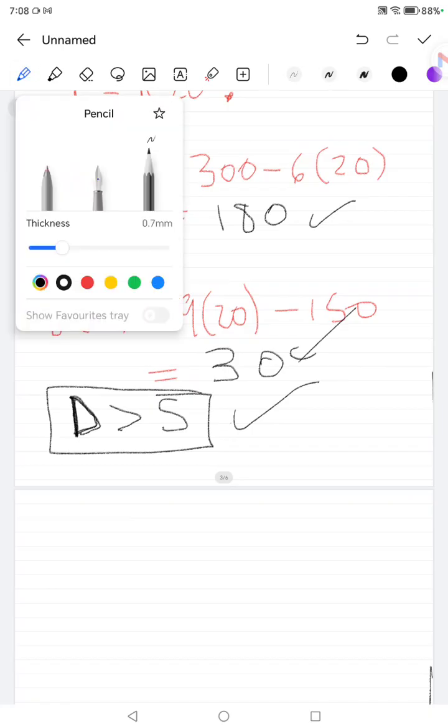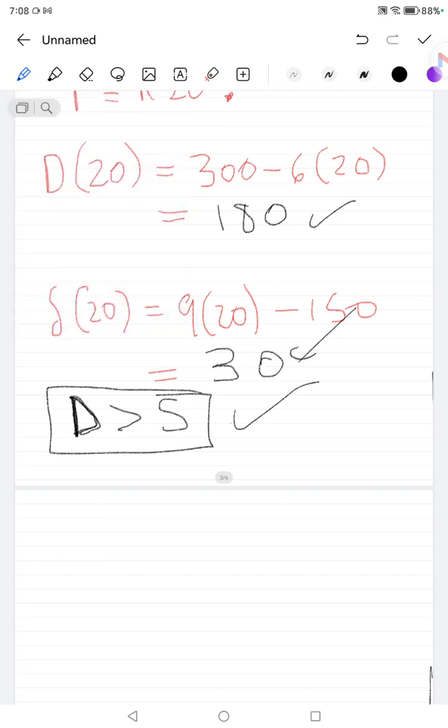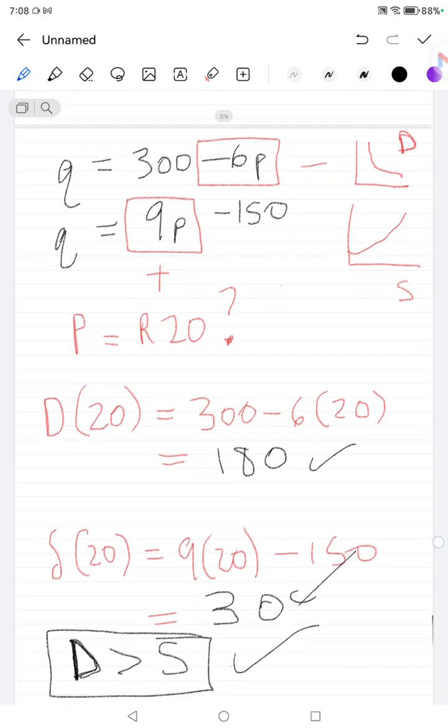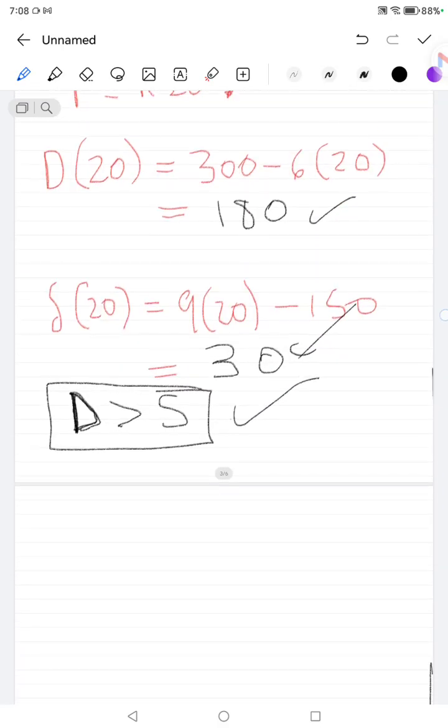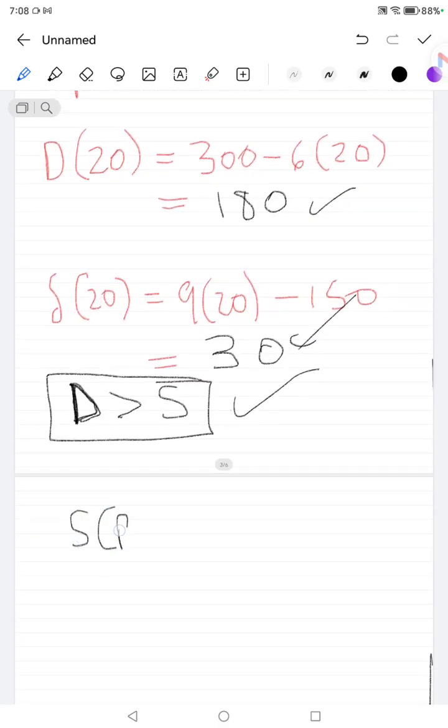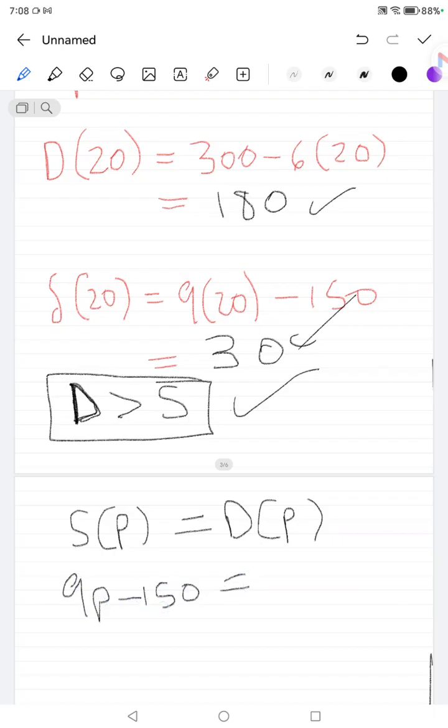We were doing something similar in STK. Then now what do you have? You have these 2 equations. Let's say you have your S of P is equal to your D of P. This is your demand and supply that you see at the top. Then you're going to have your 9P minus your 150 is equal to your 300 minus your 6P. See?